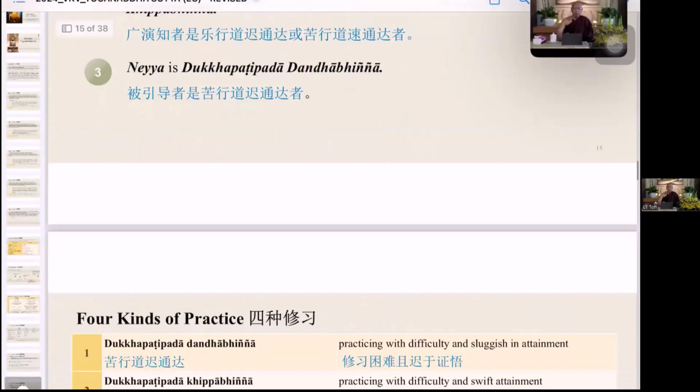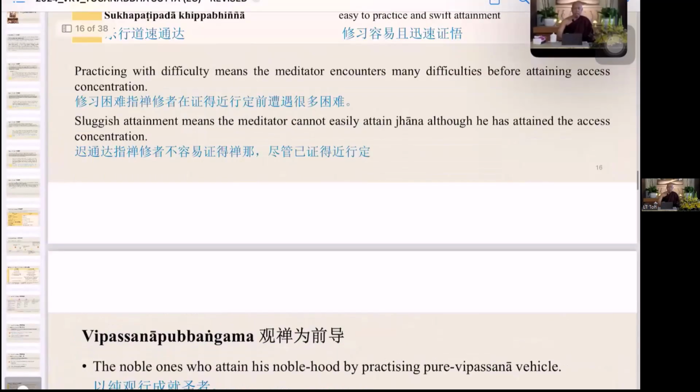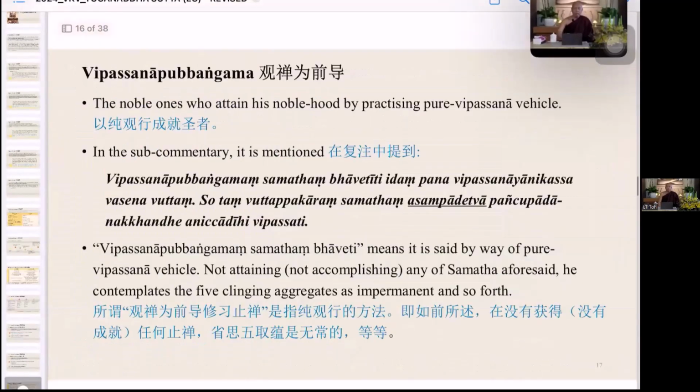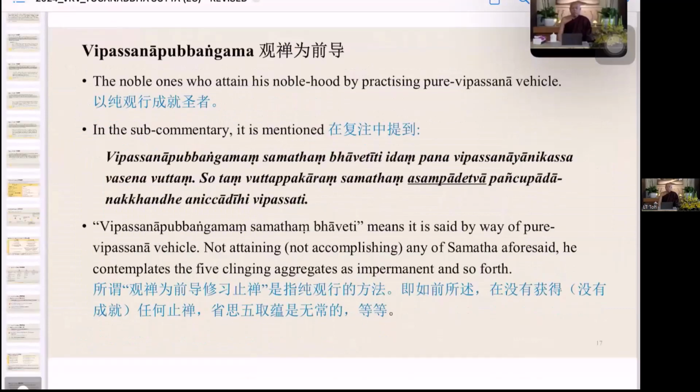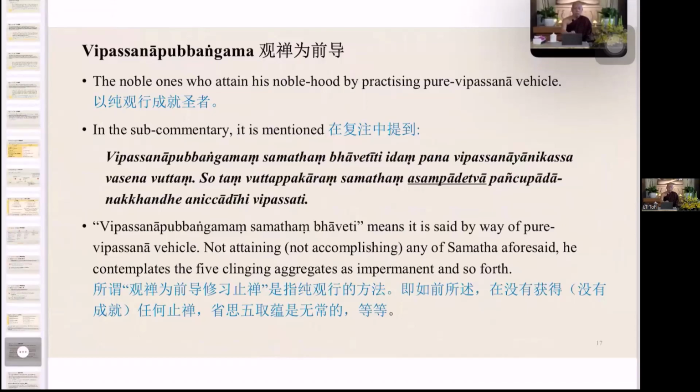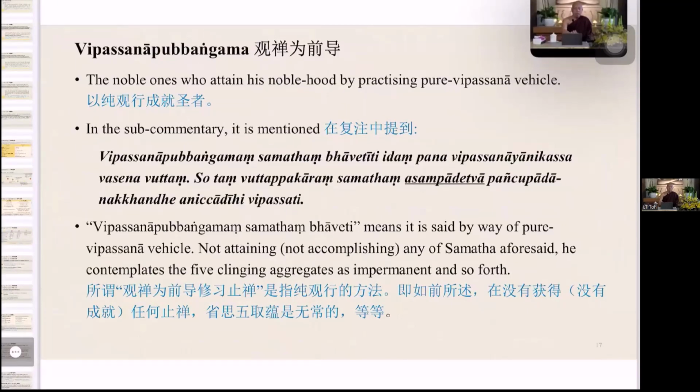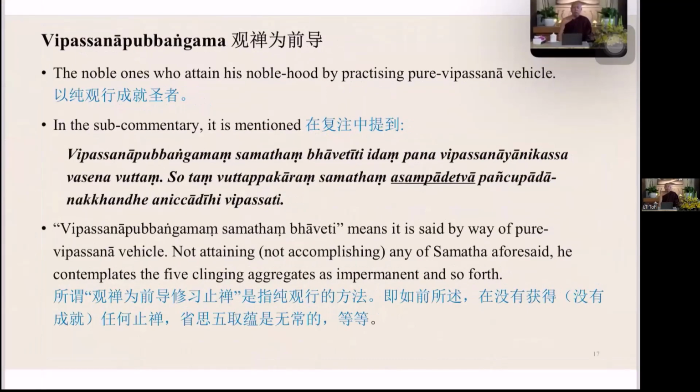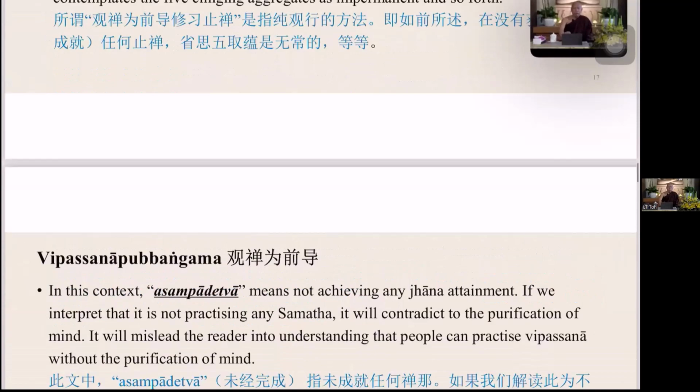Today we have to talk about the previous chapter. Last night we have already explained Samatha-Vipassanā Bhubankama. Whenever we are going to practice Vipassana, we must start with at least a sequence with 4 elements, in brief or in detail.